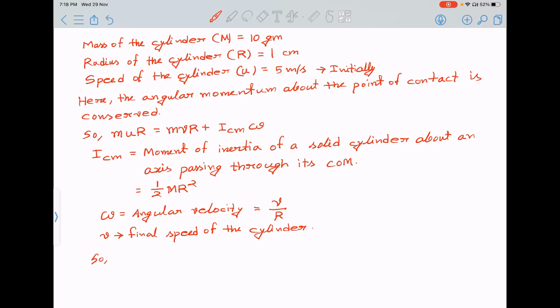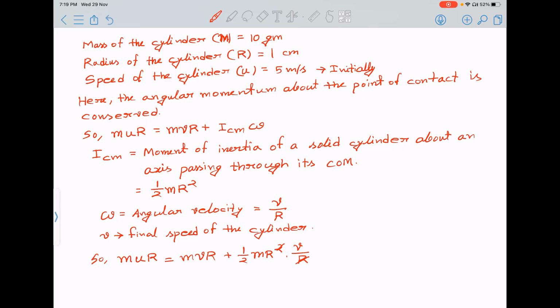So let us put the values. I have given it small n, so let us say small u. So it will be m u r equals to m v r plus half m r square times v upon r.